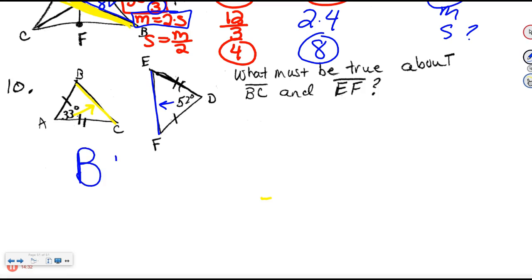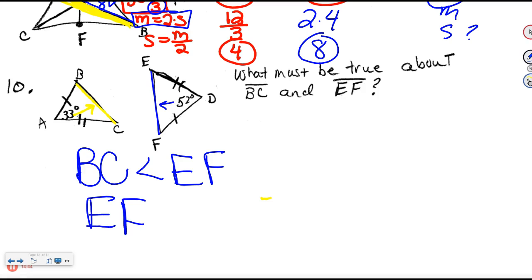I either say that BC, the yellow one, is less than EF. It's across from a smaller angle. Or if that's not there, I'm going to look for EF being bigger than BC. So just make sure that you choose one where you're reading the longer side. Even on this one, I'm reading the longer side, just so you get it ordered correctly.